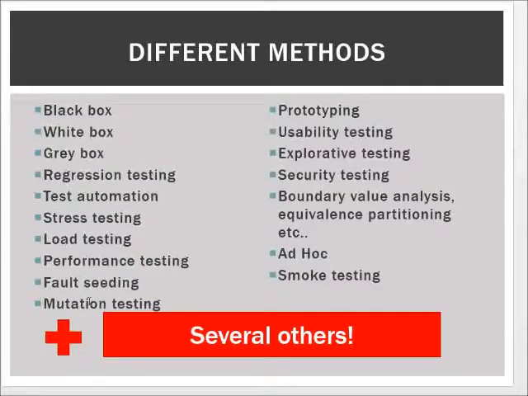So test methods cannot be listed simply because there's a wealth of them. The list I presented here more or less covers the basic situations, but for example something like boundary value analysis or equivalence partitioning, there are entire international standards like ISO IEC 29119, or the Software Engineering Book of Knowledge, or the ISTQB certification and other things, naming several different methods.